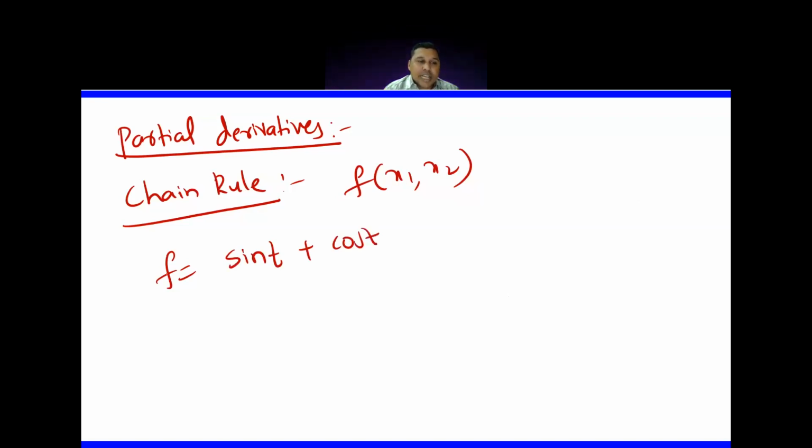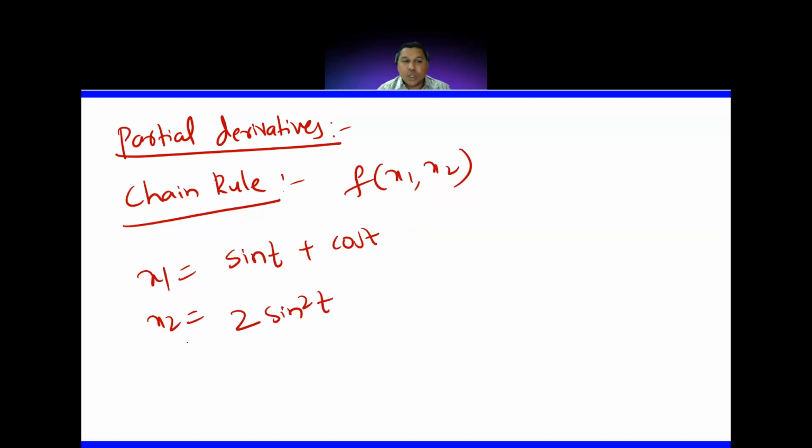So this is x1. Similarly, I have x2, I have 2 sine square t. So I have two variables x1, x2. They are functions of t. And f is a function of these two variables x1, x2.